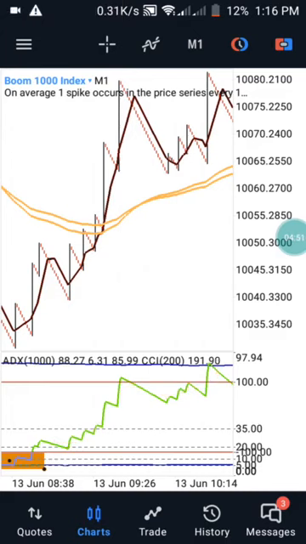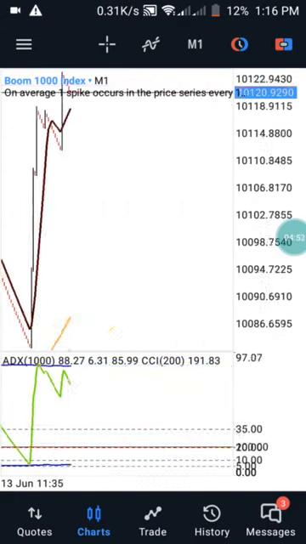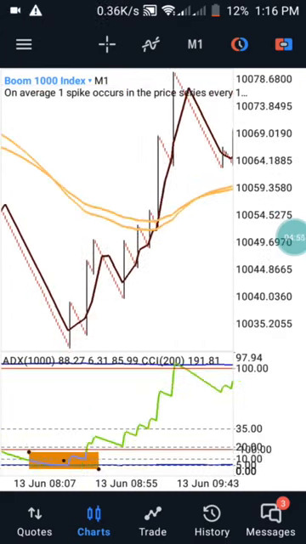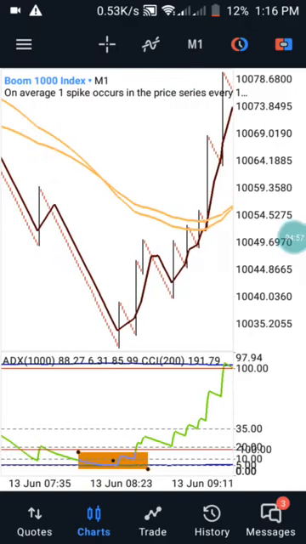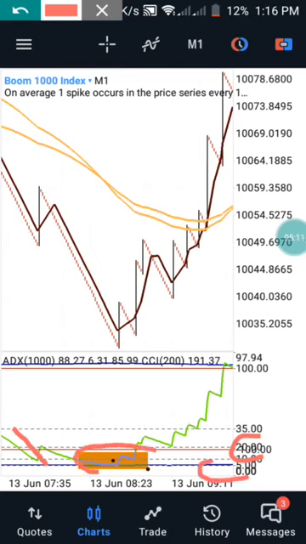Is also very important for us. So what we are going to be checking every time if we want to catch a spike is that anytime we have our Commodity Channel Index in between the negative quadrant and the 5 level, it means between this area, between this circle, this is the best time for us to enter.